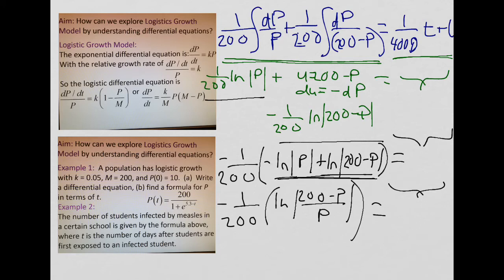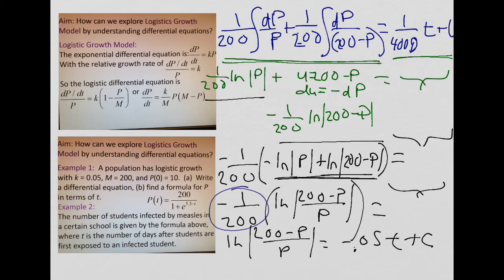That will help me get e to the ln of the expression, and we will do that in one moment. Let me actually do what I said. That would make this side negative 0.05t plus c, if I carry this fraction over to the right side of my equation.